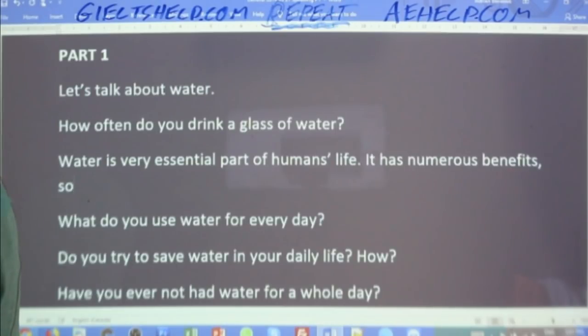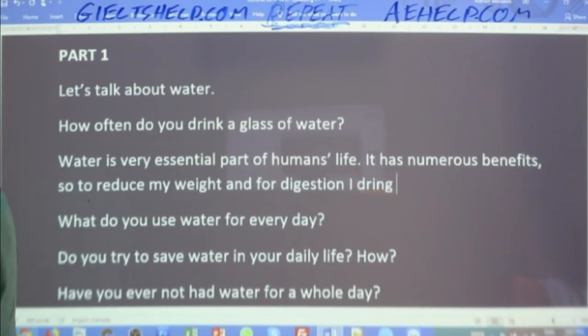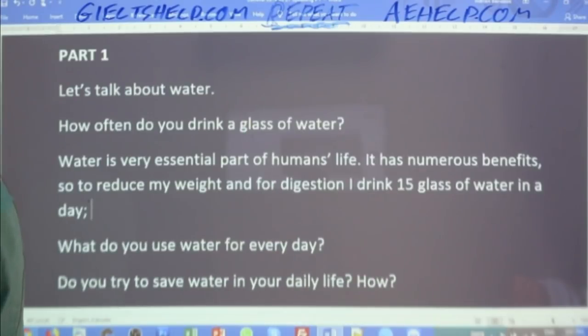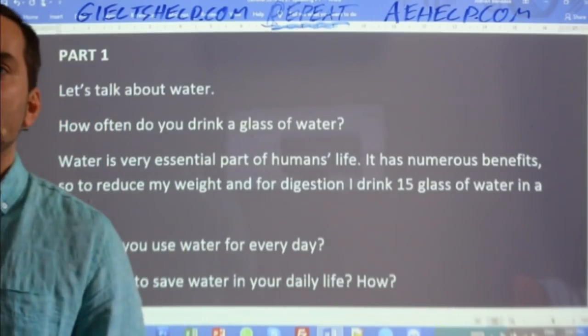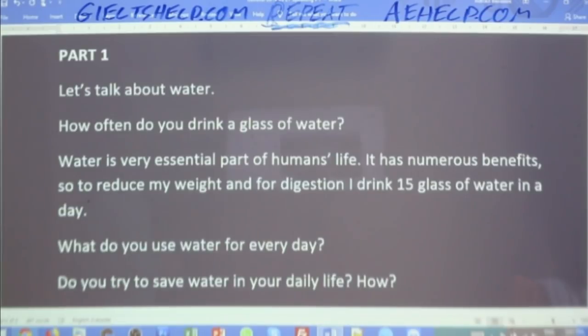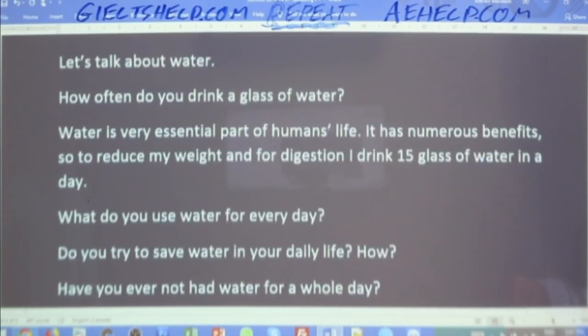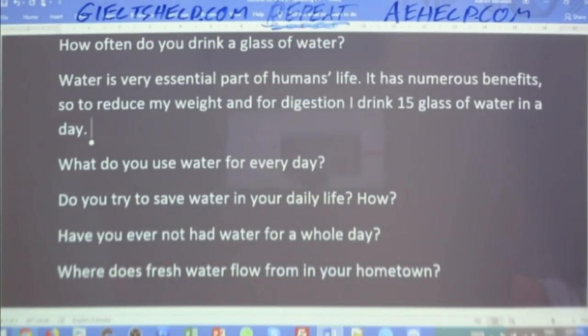So to reduce my weight, and for digestion, I drink 15 glass of water in a day. Okay, Shahayatri, you want to pay attention to this explanation here because it applies to your response also.